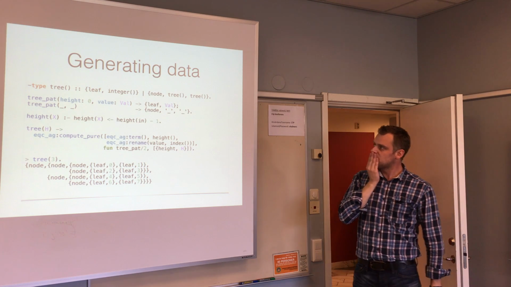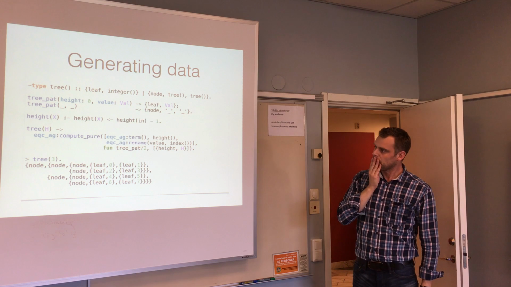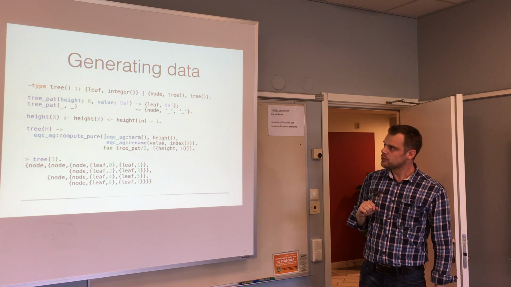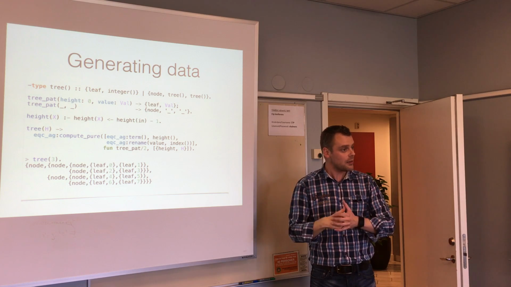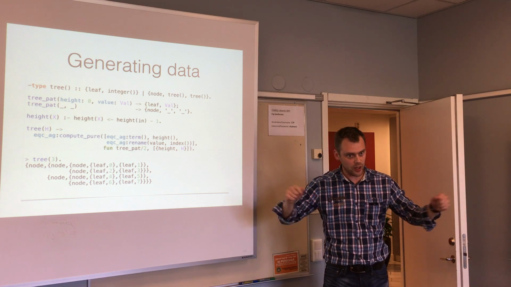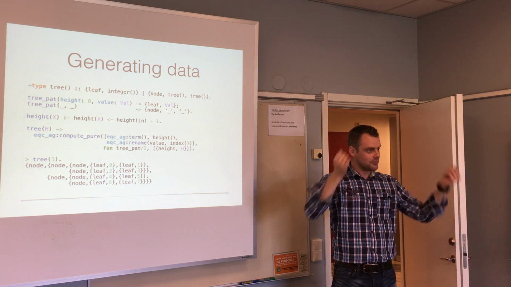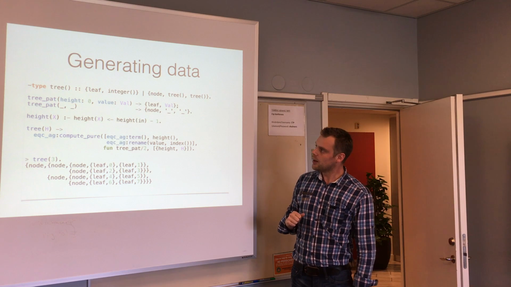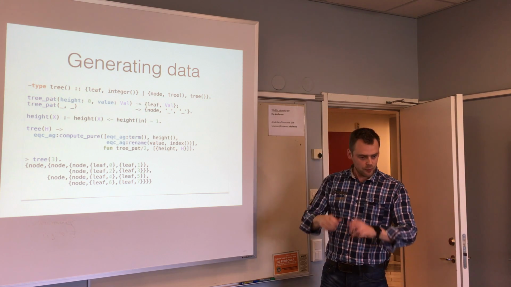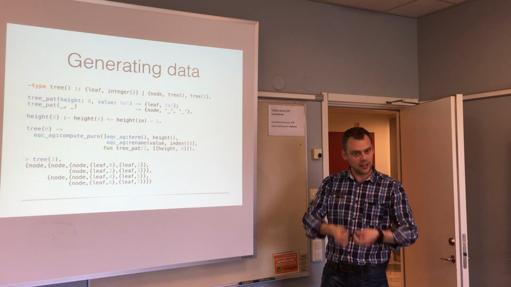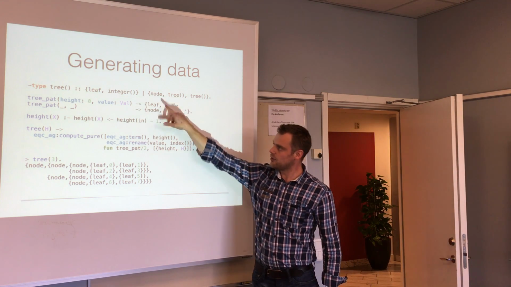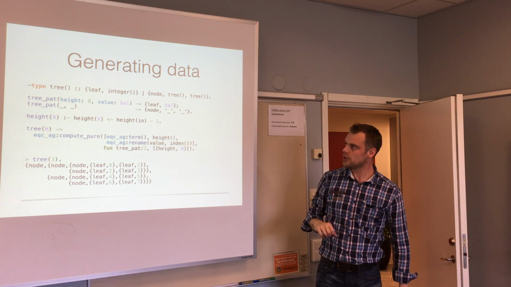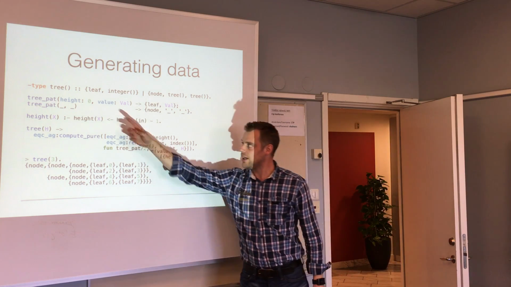So, generating data. When generating data, we again need a pattern function. We need to come up with a way to generate places that we can fill in the next iteration. So in this case, we give a tree pattern function, and it takes attributes.